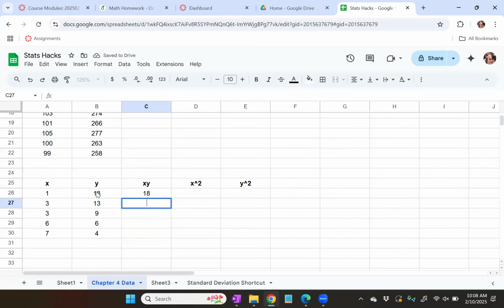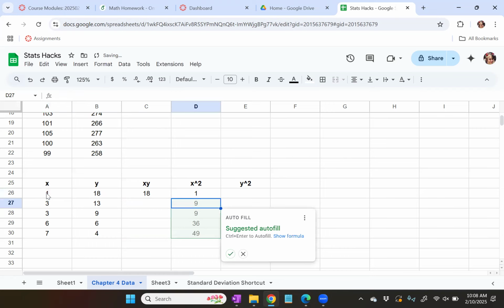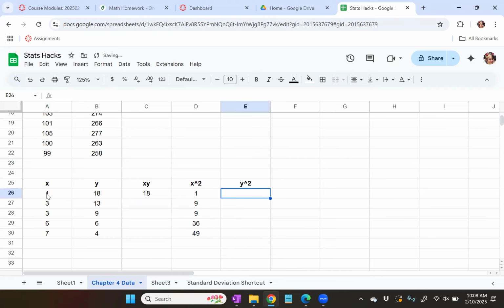Equals X times X. Yes, autofill. And I have to fix this one.